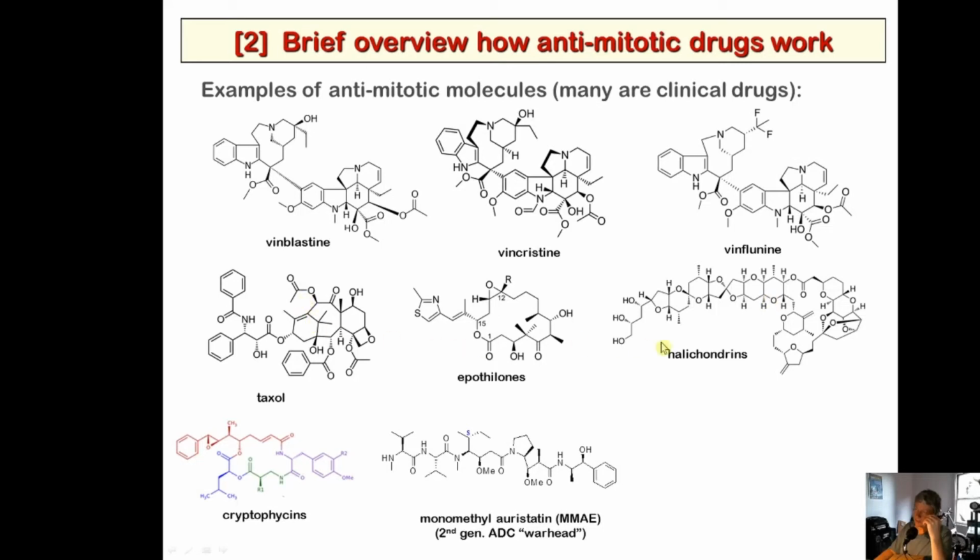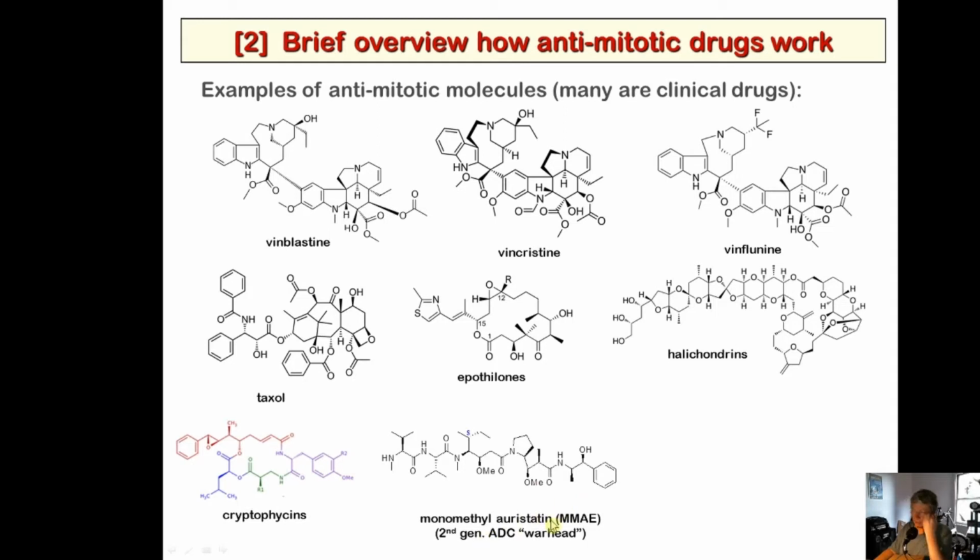I mean, we can make them, but not in clinically useful quantities. Taxol can be semi-synthesized and produced from the natural source, but nevertheless, this can be made on a multi-gram scale very easily, maybe 3 or 4 steps of organic synthesis, which is really cool.